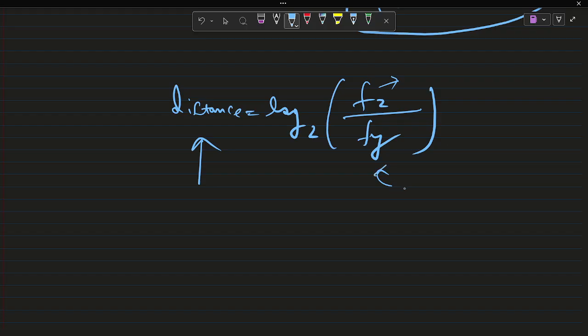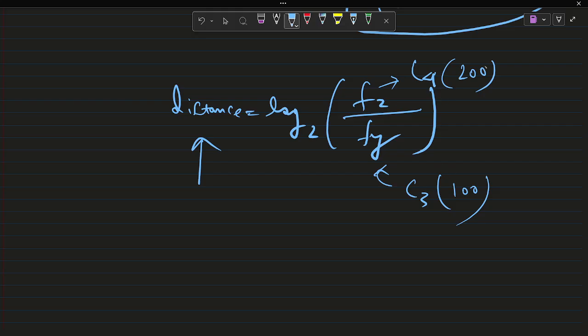So here you are at C3, and C3's frequency, let's take it as 100 hertz, and here you are at C4. So your higher frequency is C4 and your lower frequency is C3.